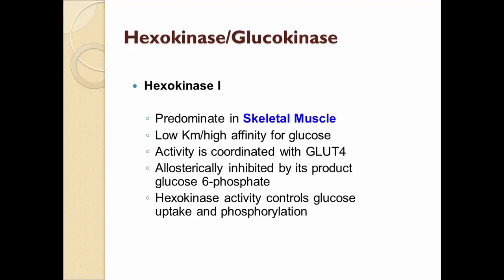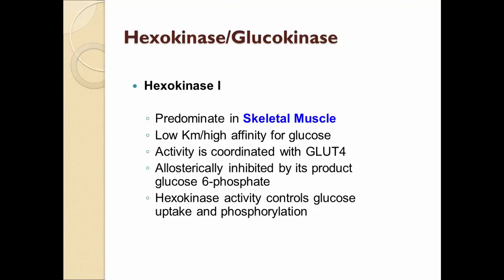Hexokinase and glucokinase catalyze the same reaction, but these two enzymes have different tissue distribution. For example, hexokinase is predominant in skeletal muscle, right? And glucokinase is more abundant in the liver, right?